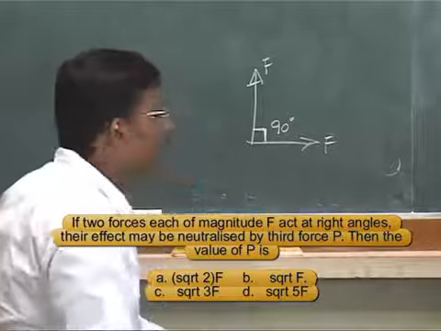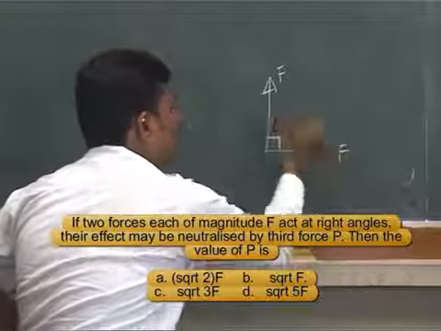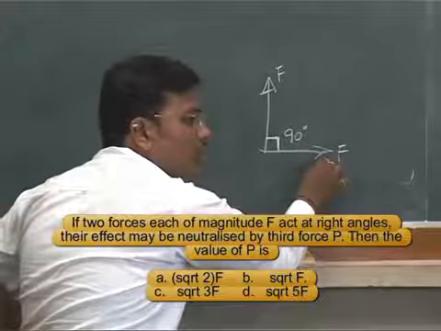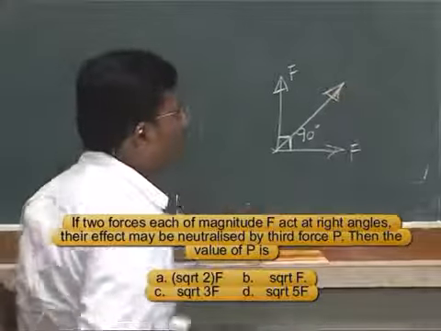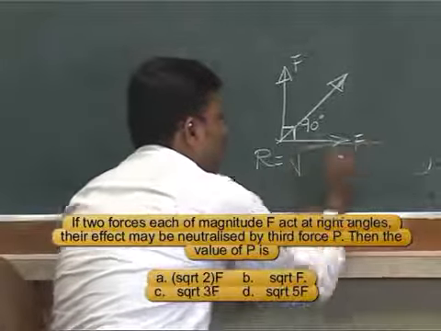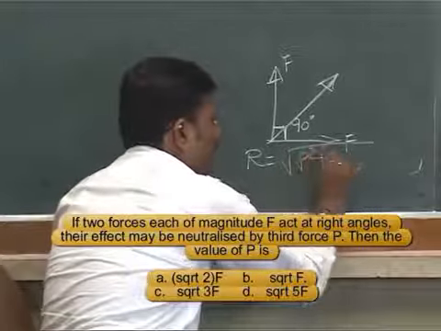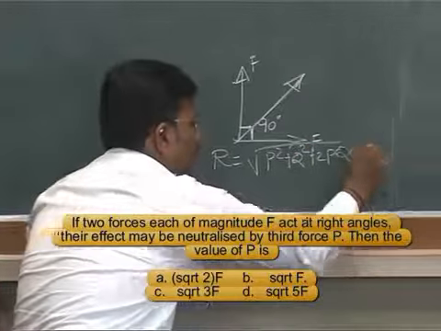The resultant is given by the law of parallelogram. The resultant is nothing but the action which is produced by these two forces. It is the diagonal of your parallelogram. The formula is R equal to root of P square plus Q square plus 2PQ cos theta.